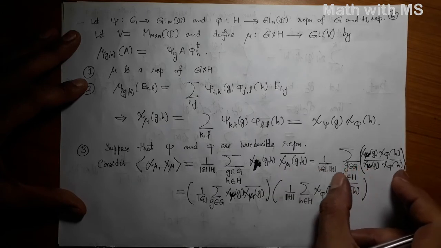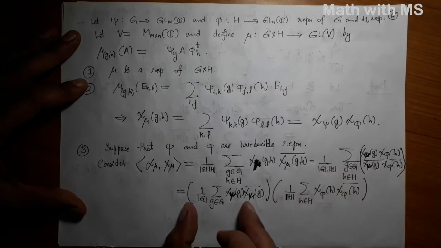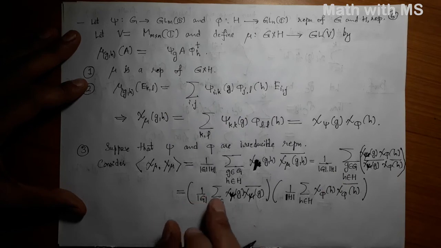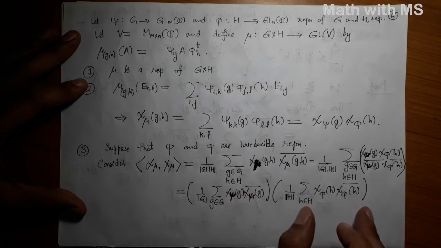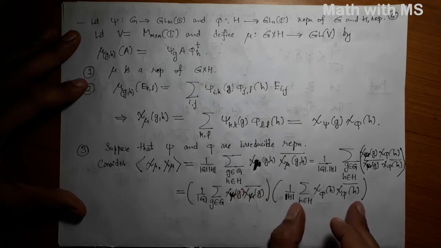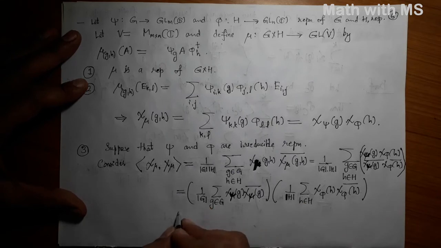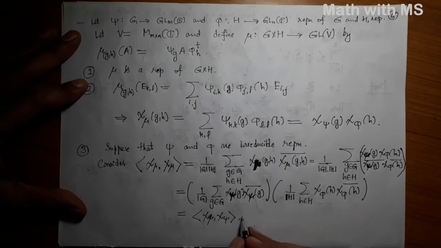But now this can be split as follows. This is simply 1 by the order of the group G, summation g in the group G, chi_psi of g into chi_psi of g bar, and the second term is analogous for the group H. But what is this? This is just the inner product of chi_psi with itself, and this is just the inner product of chi_phi with itself.